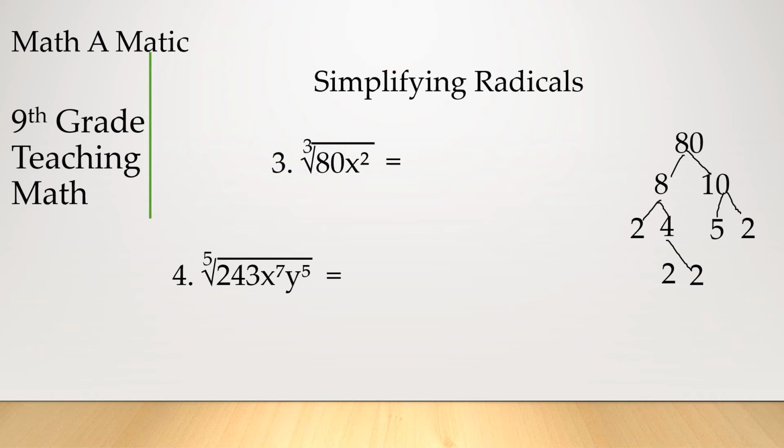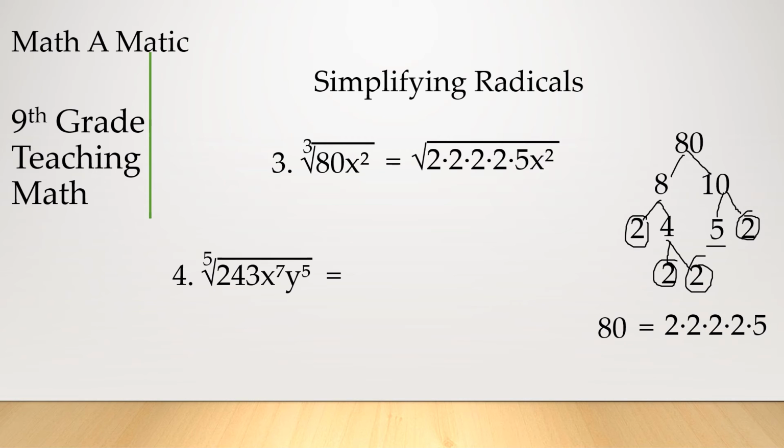How many 2's do we have here? 1, 2, 3, 4, and then times 5. So 80 is equal to 2 times 2 times 2 times 2, and then times 5.